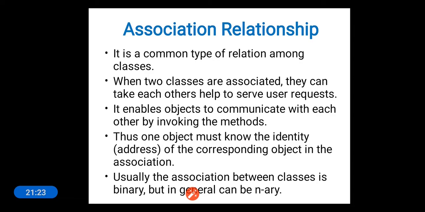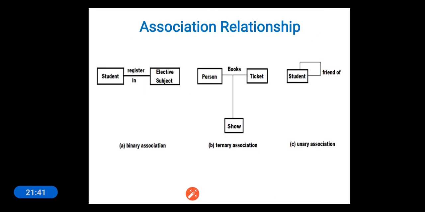Generally, this association between classes can be binary, but it can also be unary, that is, a single class may be associated with itself, or it can be binary, where one class is associated with another class, or it can be ternary, where a class is associated with two different classes.